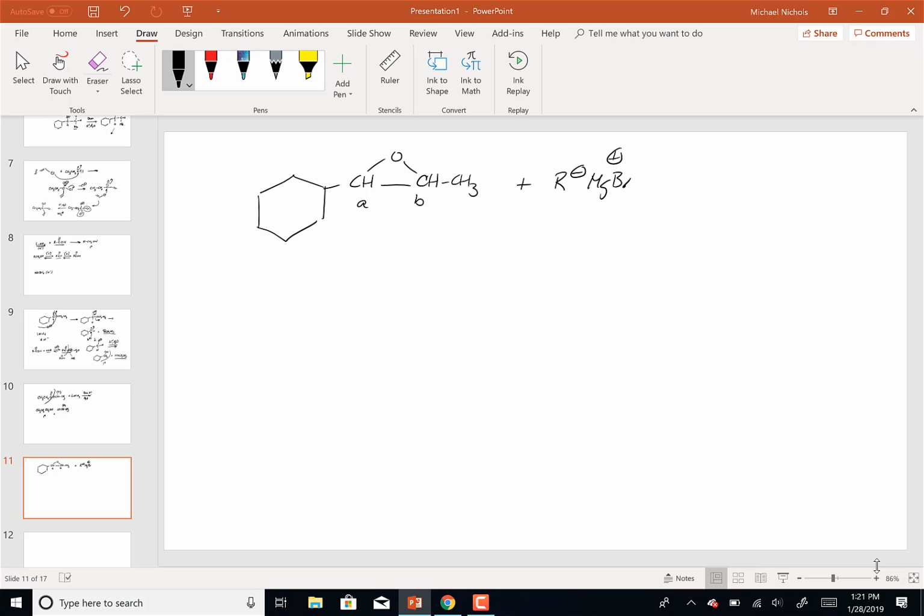So where's the R minus going to add? Okay. Do we all agree with that? So the Grignard's going to react with carbon B because it's least sterically hindered, and then it's going to open up the epoxide that way so that the OH is going to be next to the ring and the R group will have added to the other carbon.